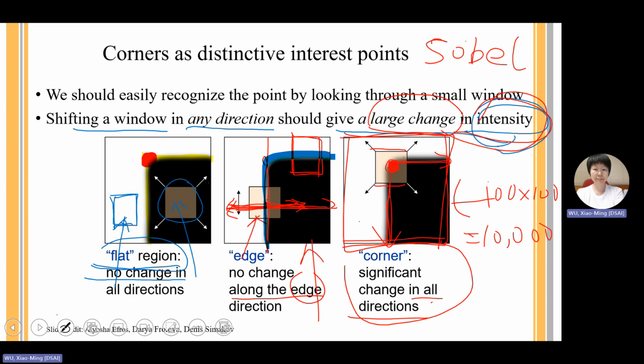Essentially, if we do non-maximum suppression, ultimately there will be only one pixel which represents the corner, because there's only one corner within this image. So we're going to select one pixel from those 10,000 pixels.